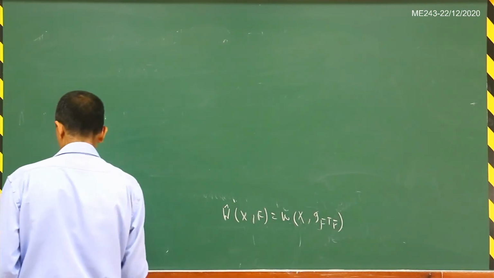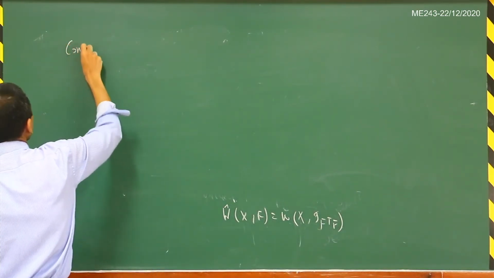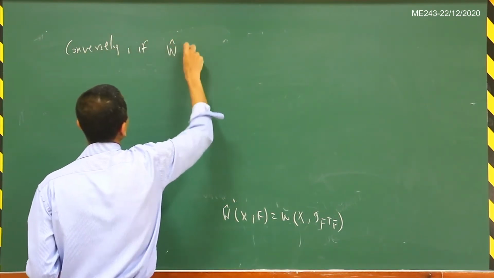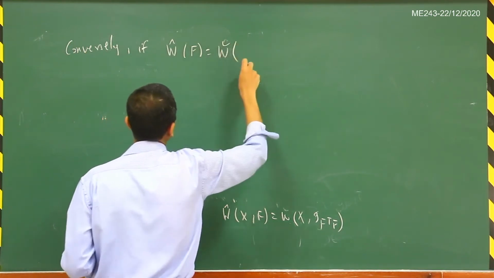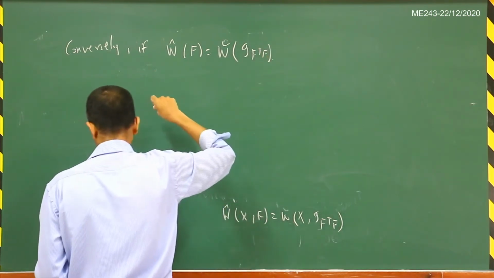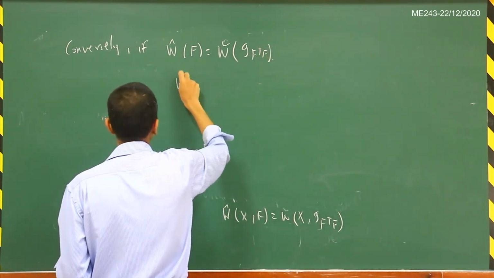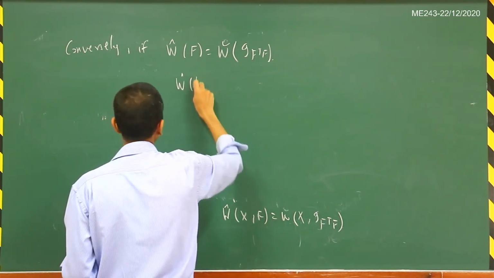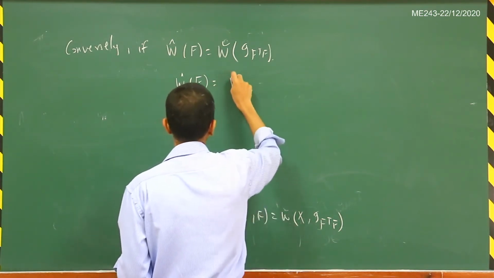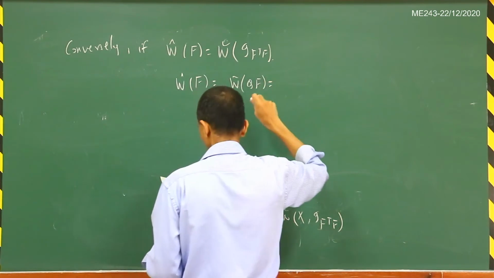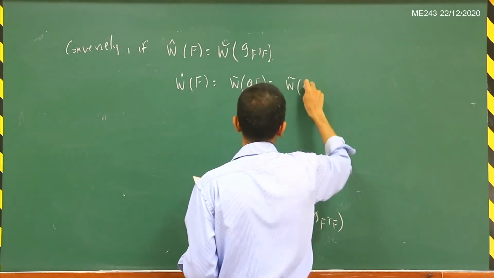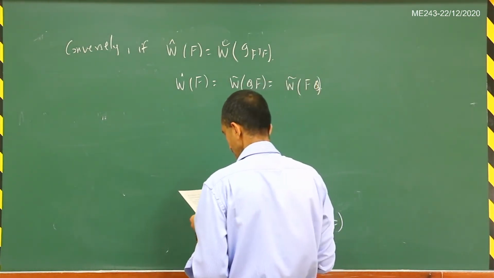So conversely now, if W hat of F is equal to W of invariants of F transpose F, then W hat of F is equal to W tilde of QF, which is equal to W tilde of FQ.